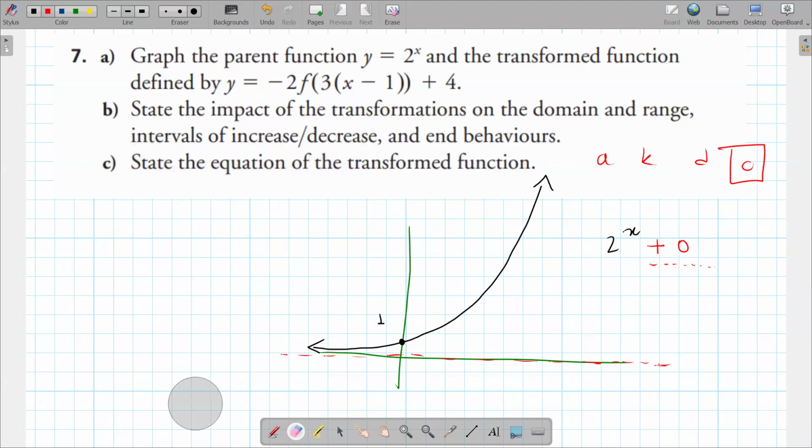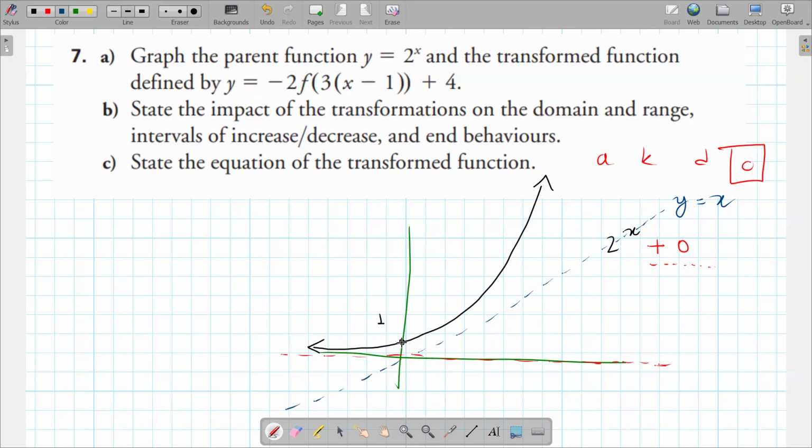By the way, what's the inverse of an exponential function? The inverse of an exponential function is the log function. Looks like this. It's a reflection. Inverse function is simply a reflection on the y equals x axis.